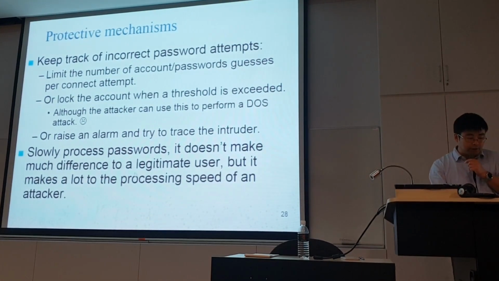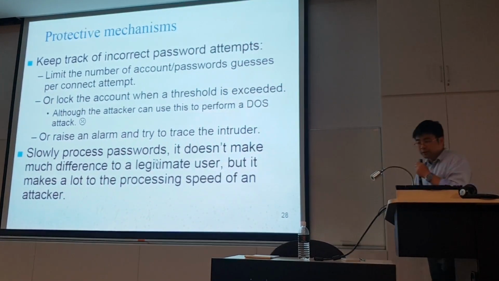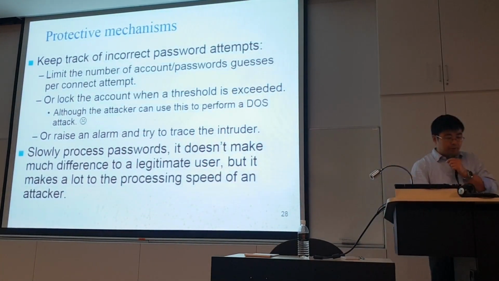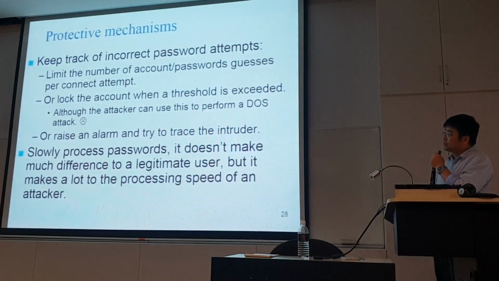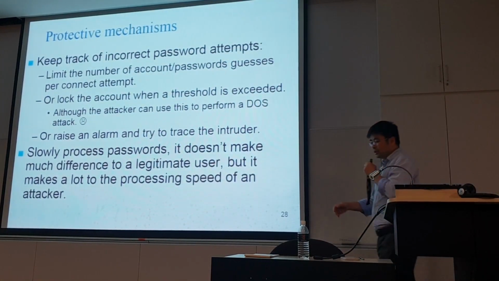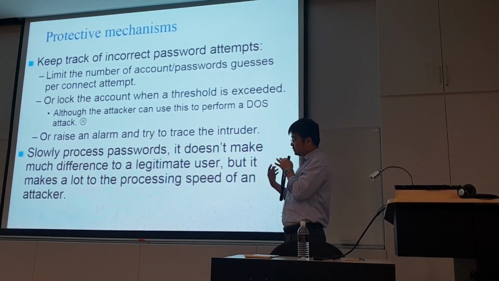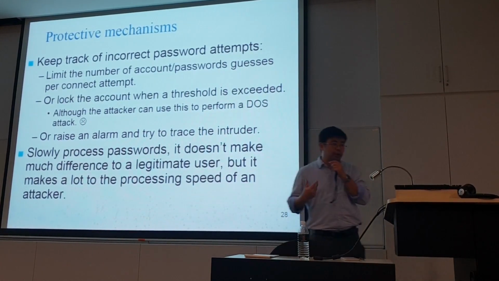Another way is to slowly process the password. This is done by some password systems, and it is called password stretching. If you search on the internet, you will find it. Essentially, instead of immediately giving the answer, we slowly process the verification.